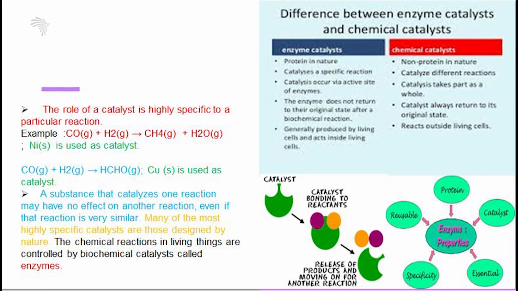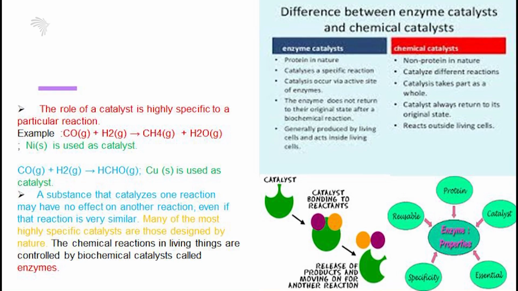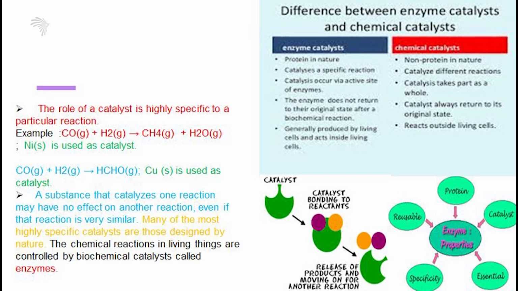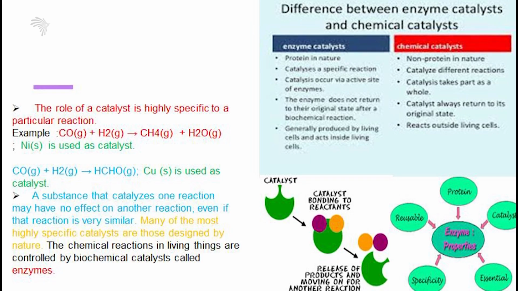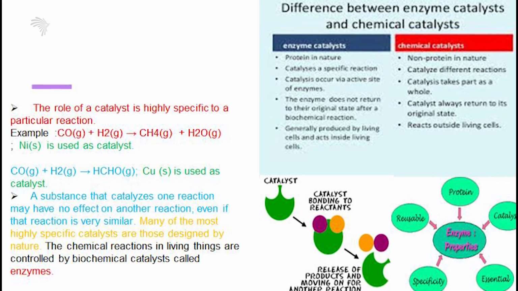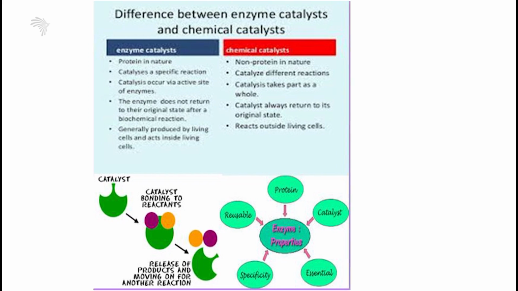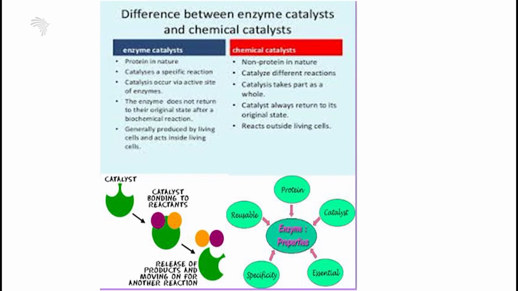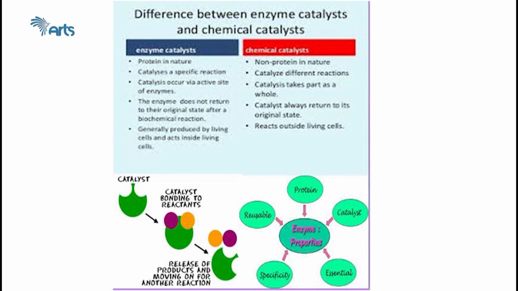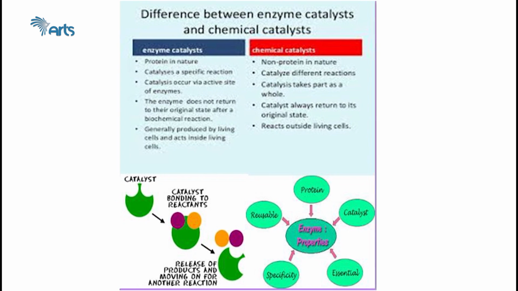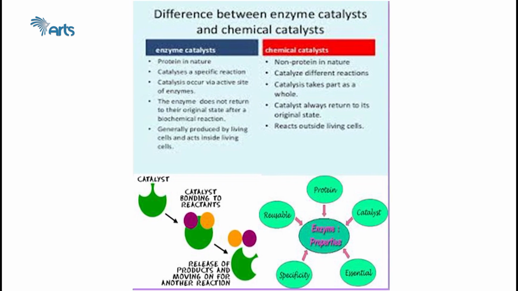So you see, zymase, for instance, cannot catalyze the breakdown of sucrose to glucose, and vice versa. This simply tells us that enzymes are specific. Unlike enzymes, non-biological catalysts such as platinum catalyze more than one kind of reaction.